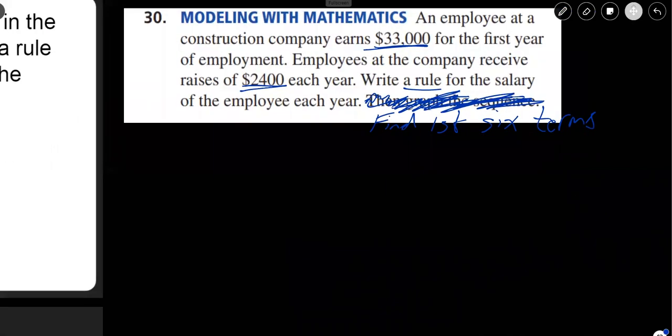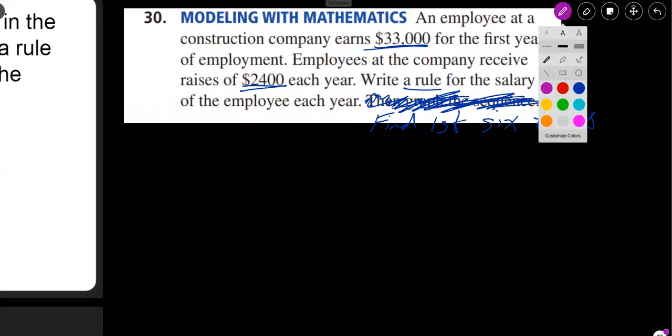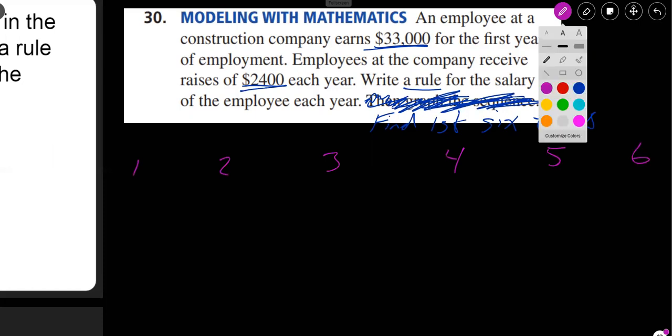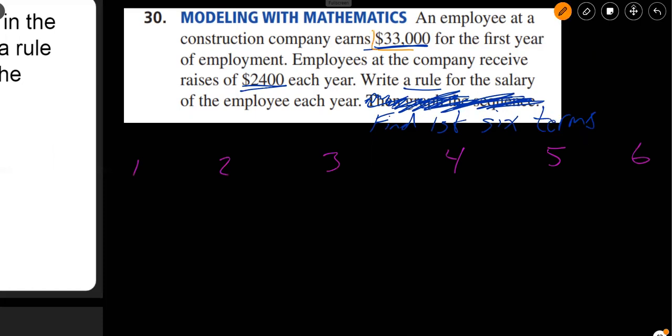So I'm going to find 6 values: year 1 salary, year 2 salary, year 3, year 4, year 5, and year 6. If I read through this, an employee at a construction company earns $33,000 for the first year of employment. That's a very good hint that $33,000 is going to be our A1 value.